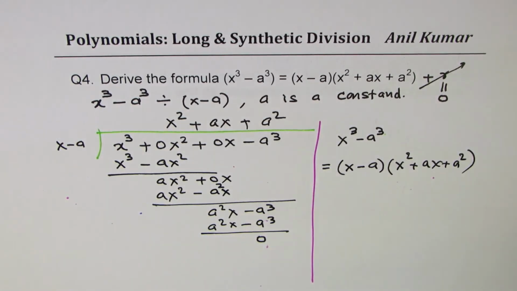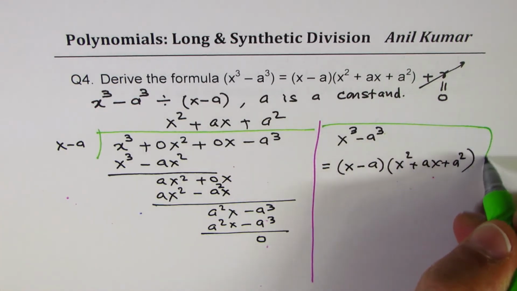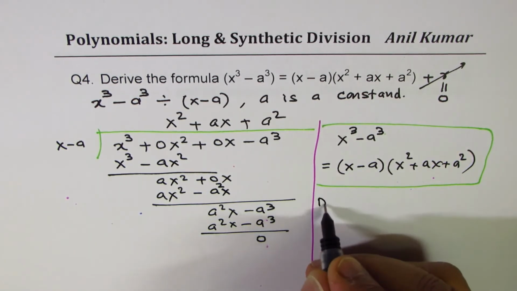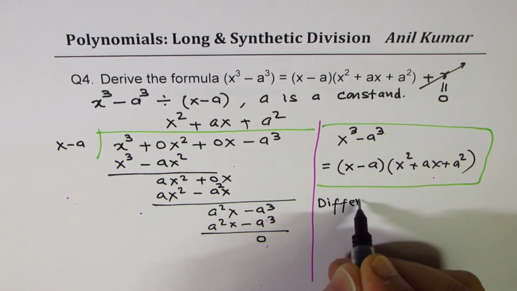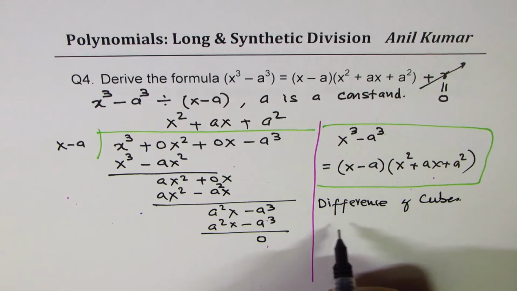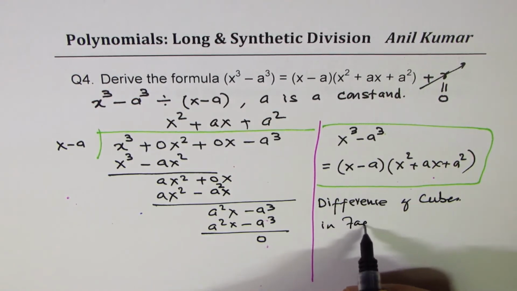Perfect. So that is how you have to do it. So I hope the steps are absolutely clear. Now we are going to use this formula, which is also called difference of cubes, right? In factoring.